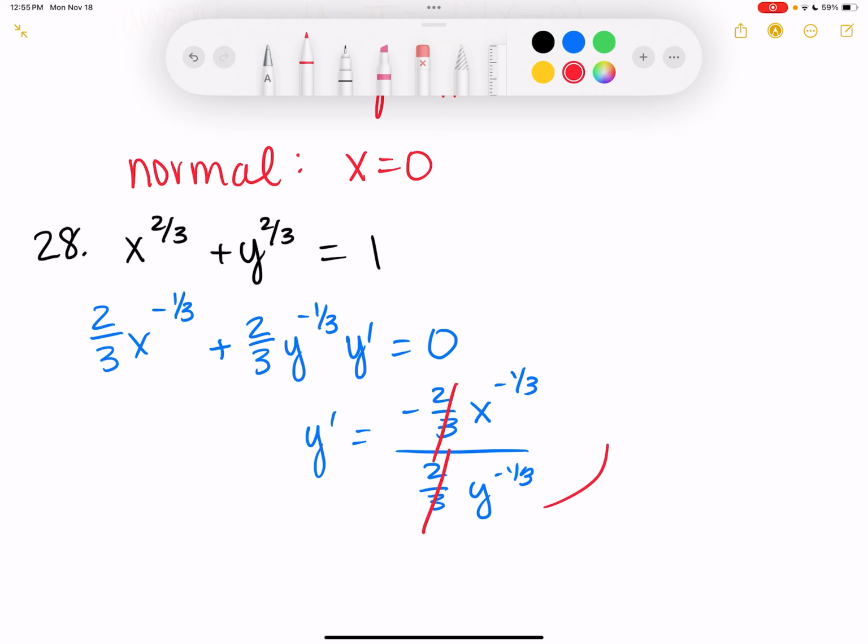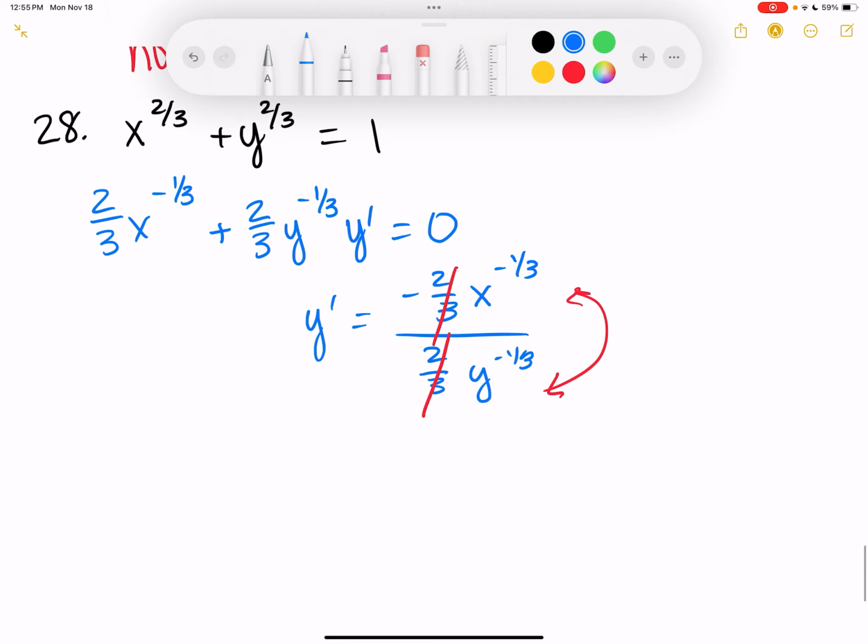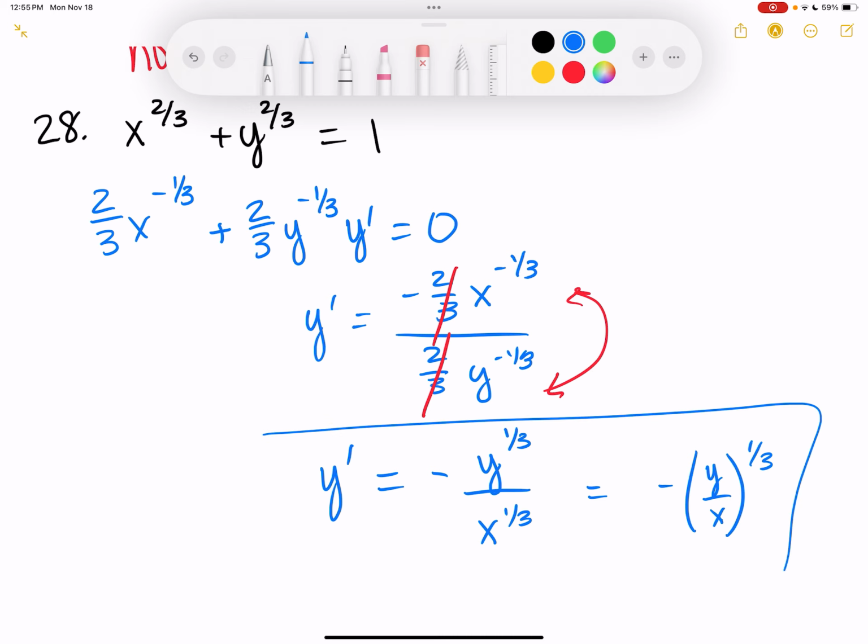These have negative exponents, so they're flipping. So I'm going to end up with y prime equals negative y to the 1/3 over x to the 1/3. Or you could rewrite this as negative parentheses y over x raised to the 1/3. Either of those would be sufficient.